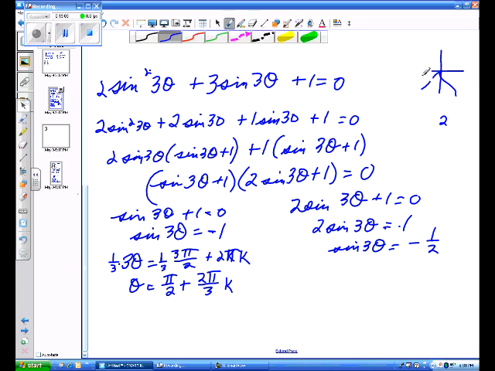So in radians, 30 is pi over 6. So that would be 6/6 plus 1/6 would be 7/6 plus 2 pi k. And 2 would be 12/6 minus 1/6 would be 11/6, plus 2 pi k.